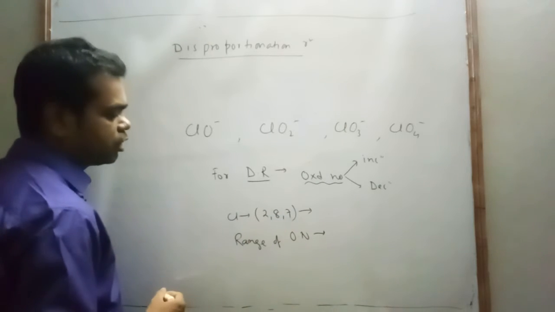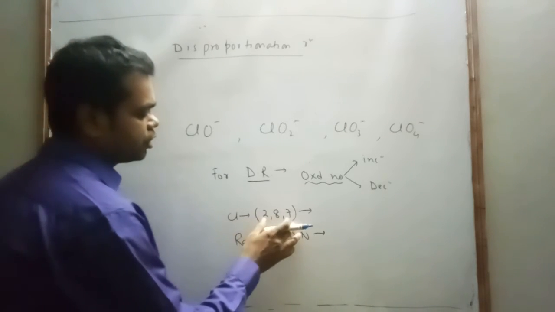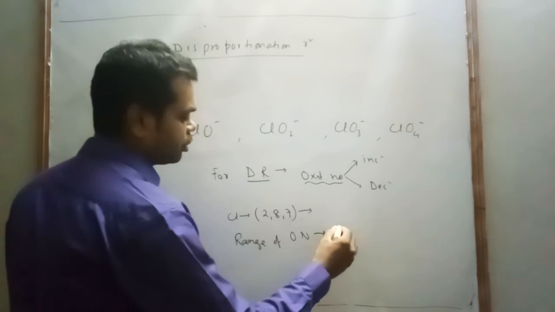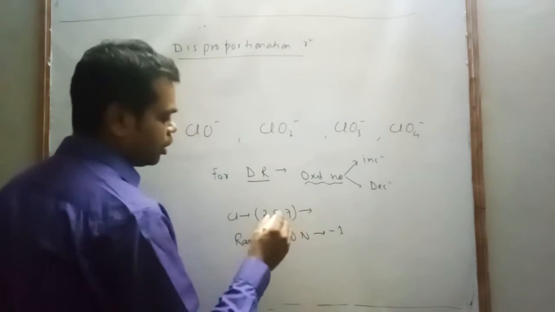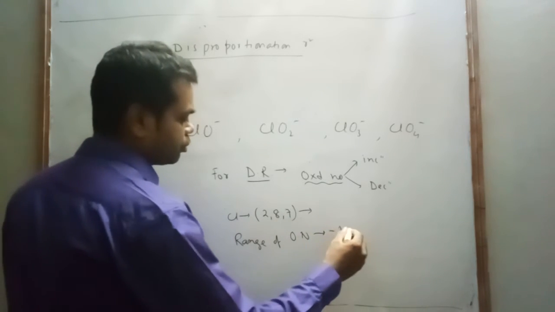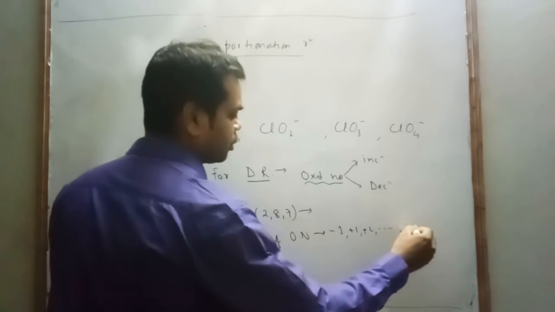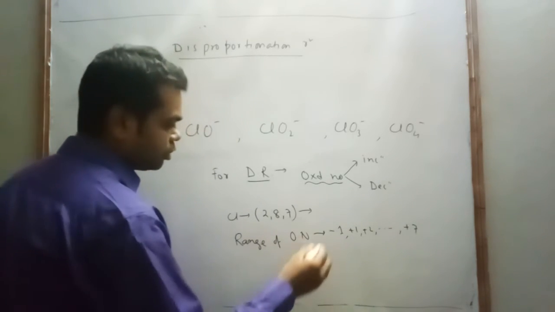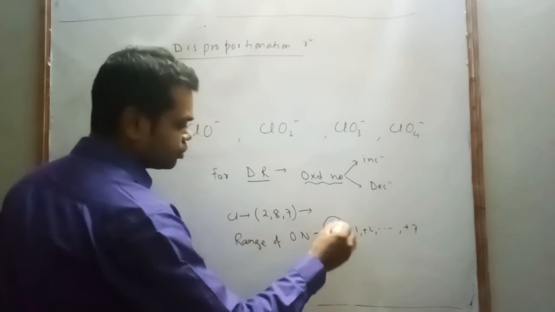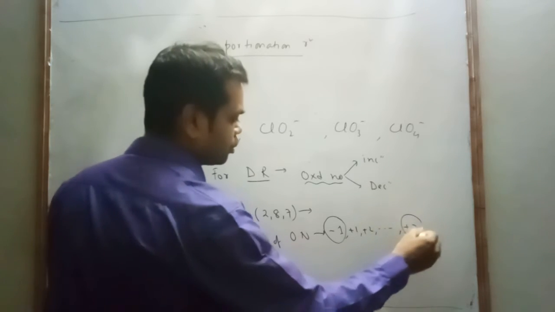From 7 it can take 1 electron to have 2, 8, 8. The range of oxidation number will be -1, and other oxidation numbers are also there, -1, +1, +3, +5, +7. So the minimum oxidation number is -1, the maximum oxidation number is +7.